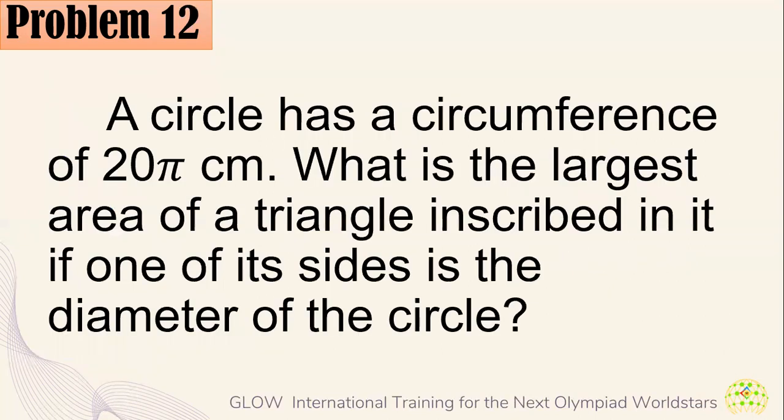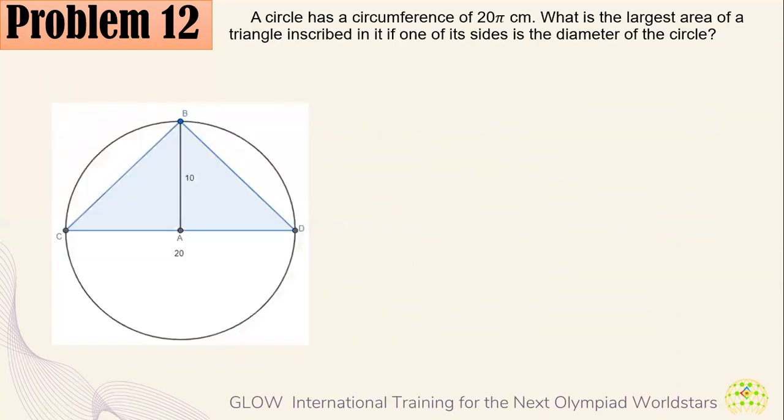A circle has a circumference of 20 pi cm. What is the largest area of a triangle inscribed in it if one of its sides is the diameter of the circle? So in this case, it would actually look like this. So this is the diameter. And remember that circumference is equal to 2 pi r, right?